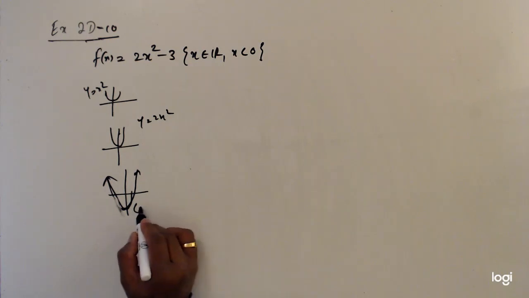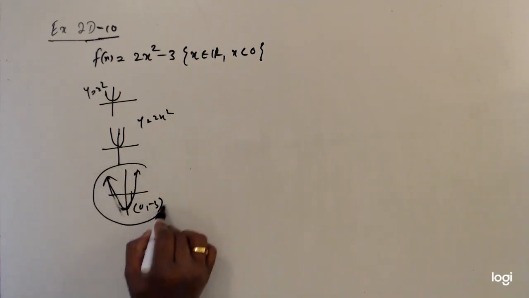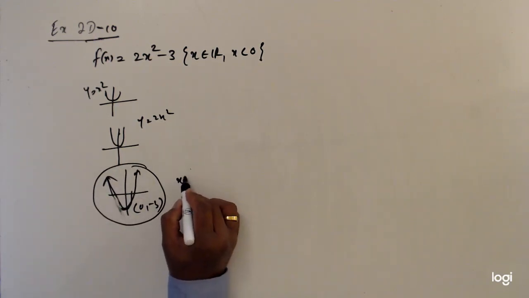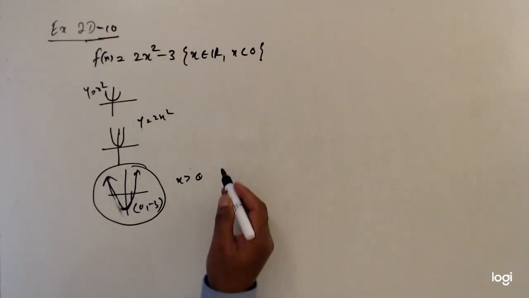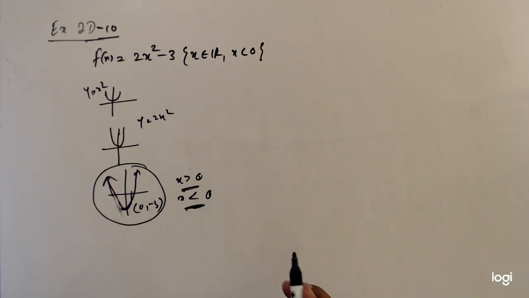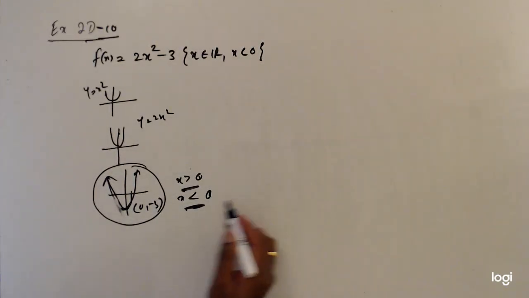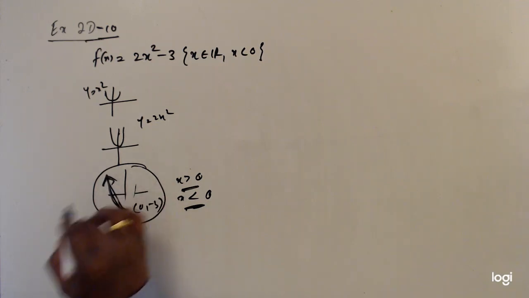So this point is going to be (0, minus 3). Either I can make this function 1 to 1 with x greater than or equal to 0, or x less than 0; both work. So they selected this one, only this part.